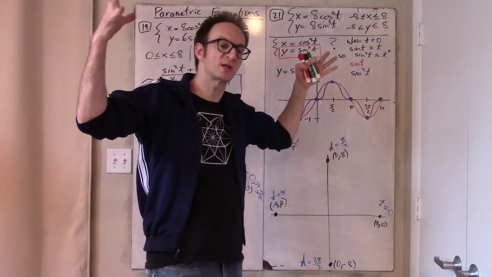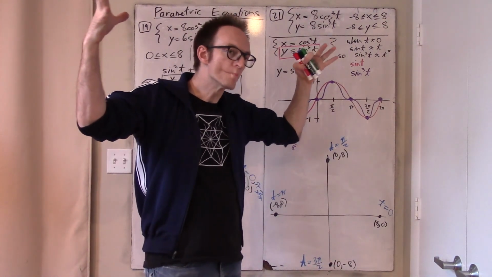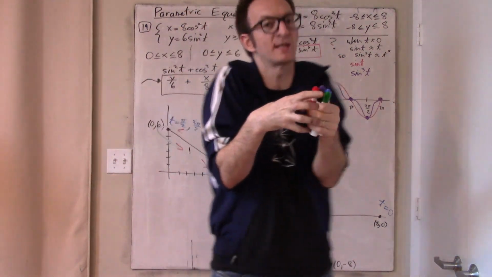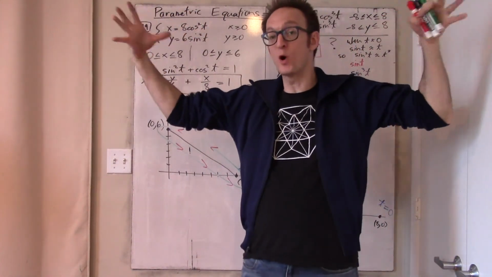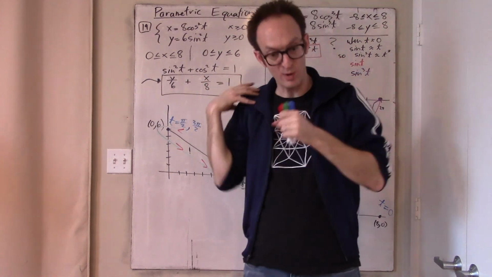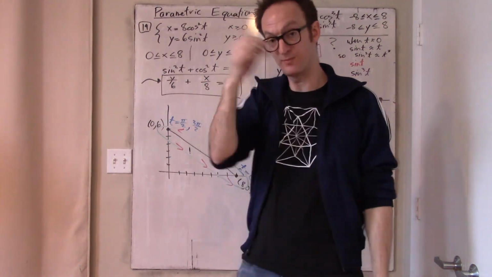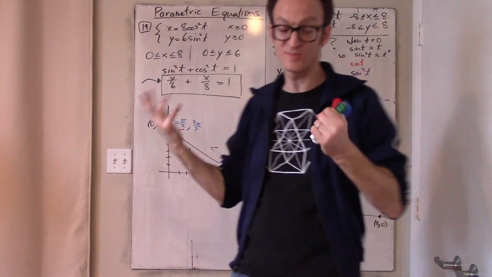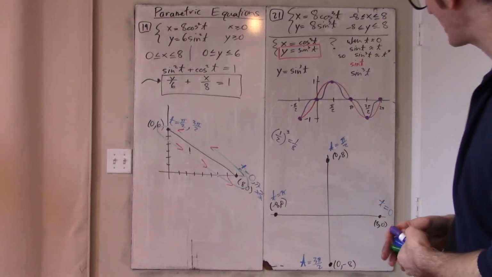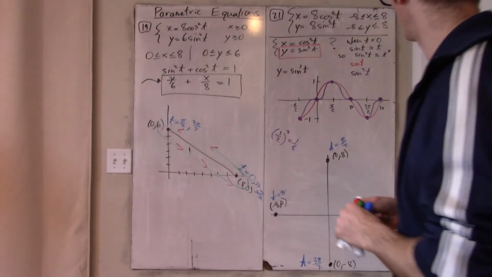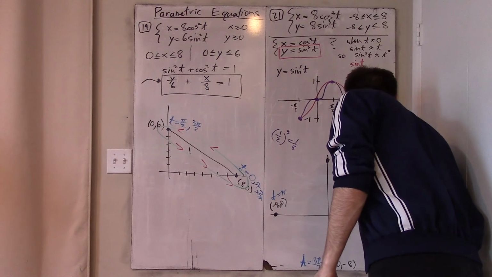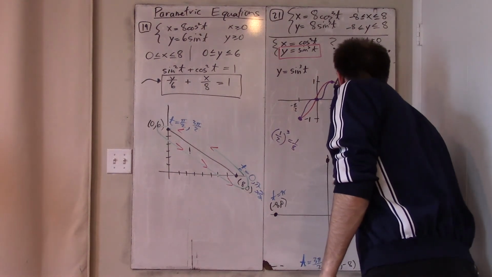So what is this going to be? This is going to be a circle that's kind of like fish face, like sucked in a little bit, right? The x and y coordinates are going to be both smaller at every point than sine and cosine, which make a circle. And so what you get is a kind of sucked in circle. And the actual answer here is you get this thing that looks kind of like a star.